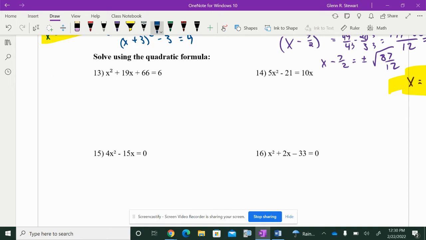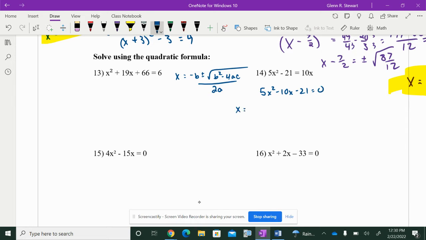Hopefully you remember that quadratic formula here. I'll just write up here: x is equal to negative b plus or minus the square root of b squared minus 4ac all over 2a. Okay, I need to subtract that 10x in, make this in standard form, and then I can go ahead and go through my steps.